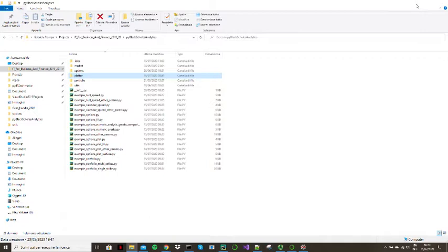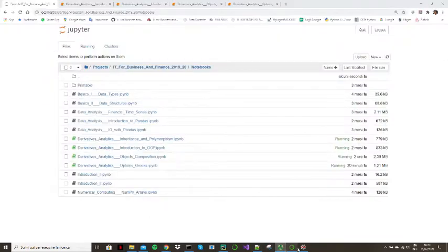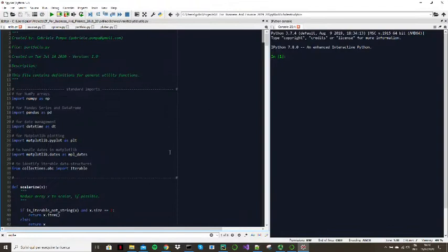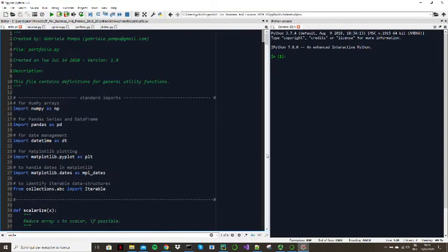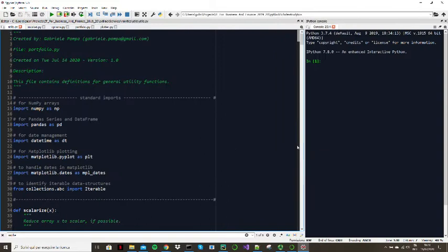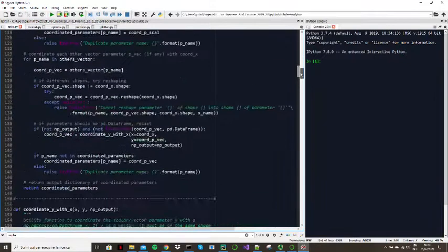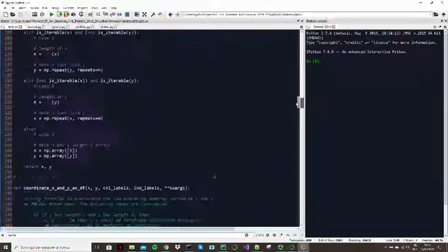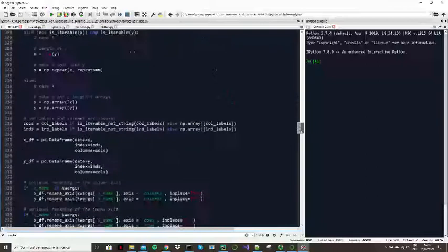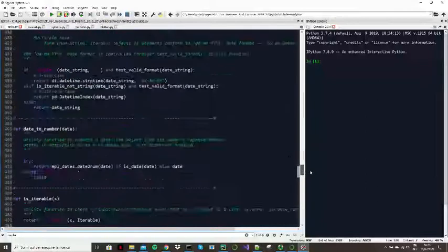So let's take a look at the Python package. Let's keep using Spyder, which is our familiar editor. The very first thing that I have created is a utility function module that contains all general purpose utility functions that we might need, that we can use from our classes, but that did not make sense to include in our classes.